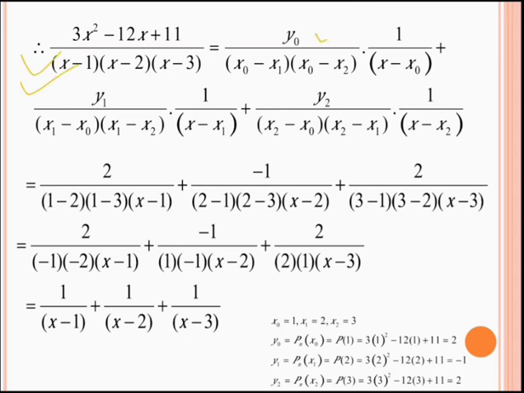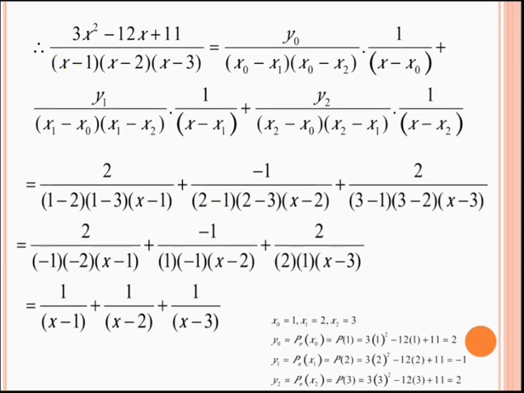First I am taking y0, so the denominator portion will be x0 minus x1, x0 minus x2, and here I will take x minus x0. In the same way, for y1, I will take x1 minus x0, x1 minus x2, and x minus x1. Same thing I will take for y2.